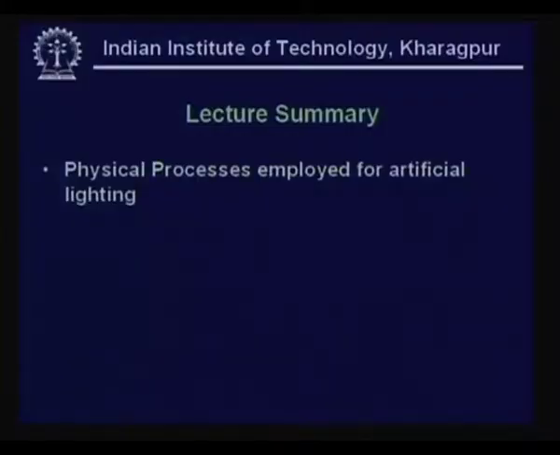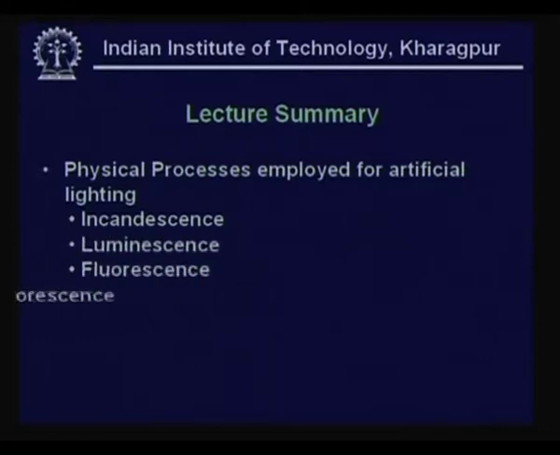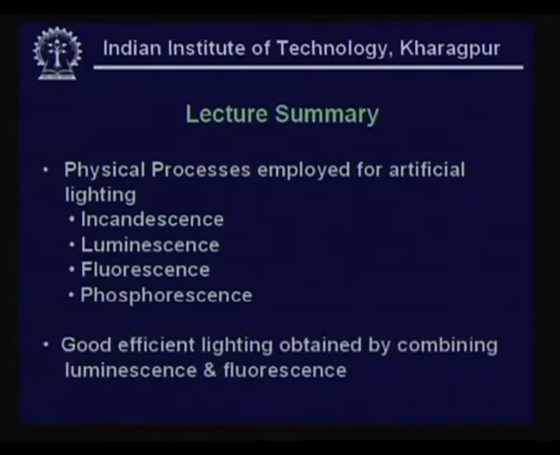And continuing with the summarization, we have seen that the processes that could be employed in artificial lighting are incandescence, luminescence, fluorescence and phosphorescence. As told to you, incandescent lamps are commonly employed.